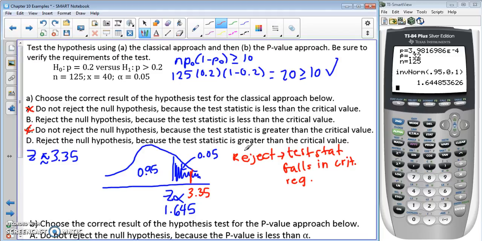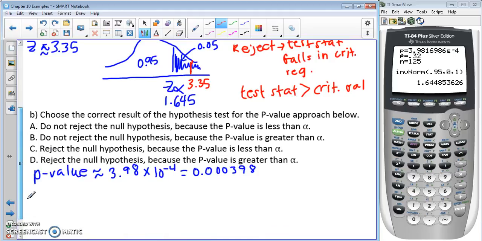And then notice it's comparing the test statistic to the critical value. Well, our test statistic is greater than our critical value. So our test statistic is greater than the critical value. So answer choice D here.